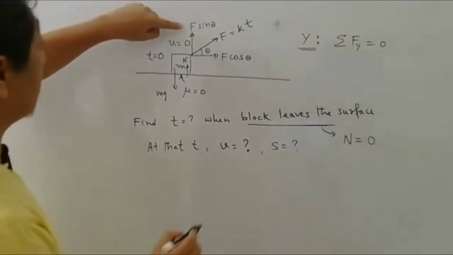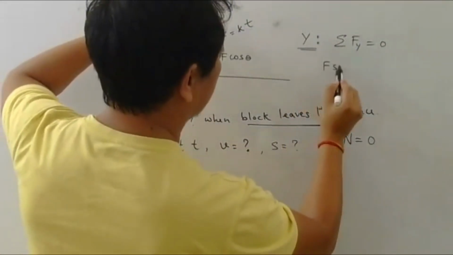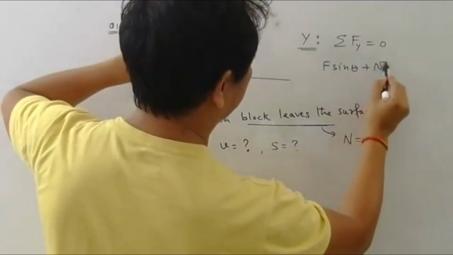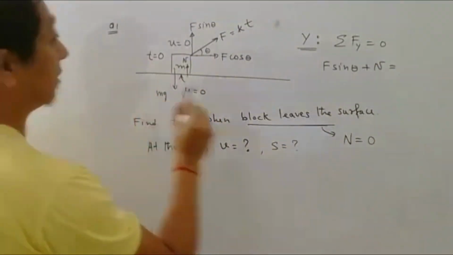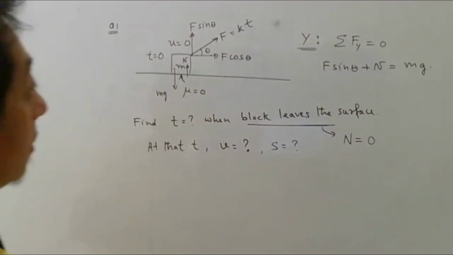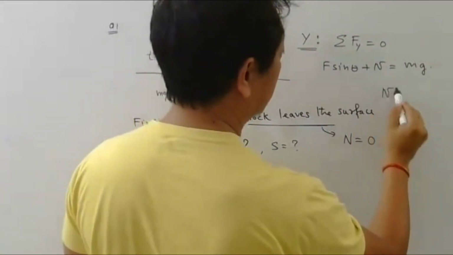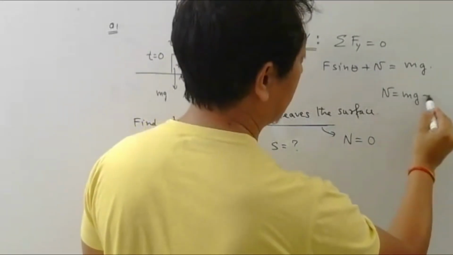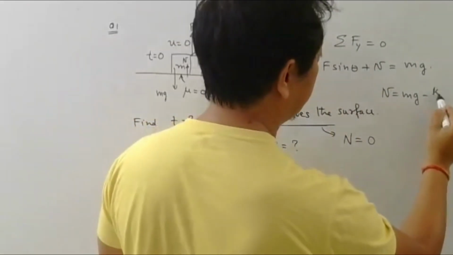That means F sin theta plus normal should be balancing mg, isn't it? That means normal will be equal to mg minus F sin theta, and F is what? Kt.